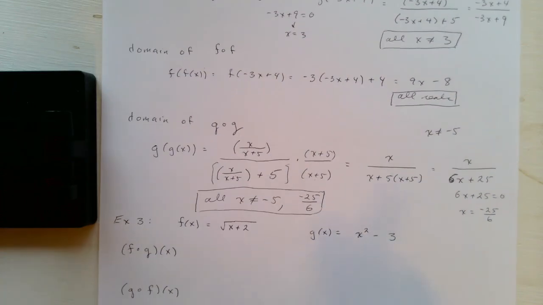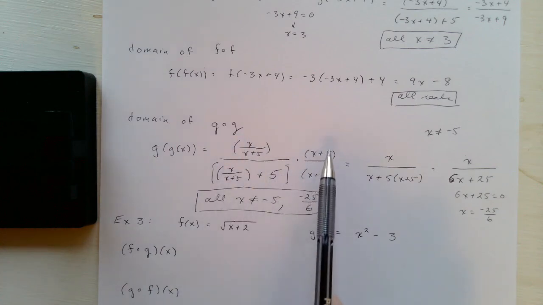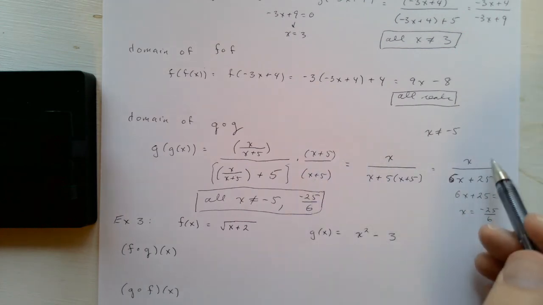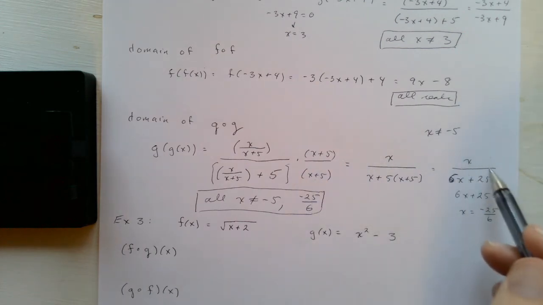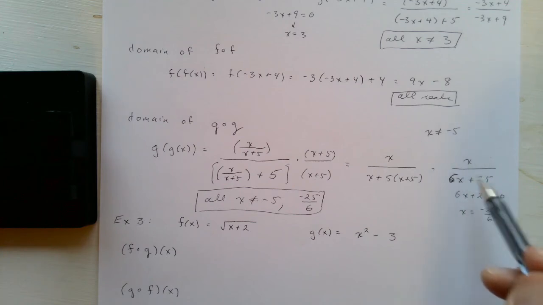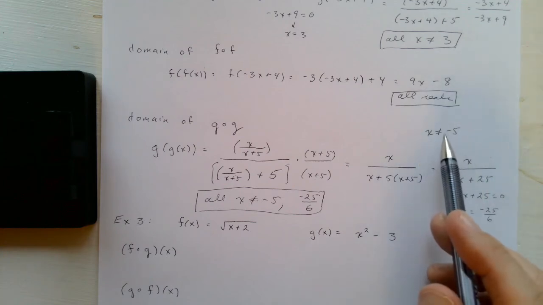And this is a little tricky point, because notice if we just started here and simplified by multiplying and dividing by x plus 5 and we got this, it would be very easy to think, okay, if I plug negative 5 into here, I'll get something that's defined. But again, negative 5 can't be in the domain.